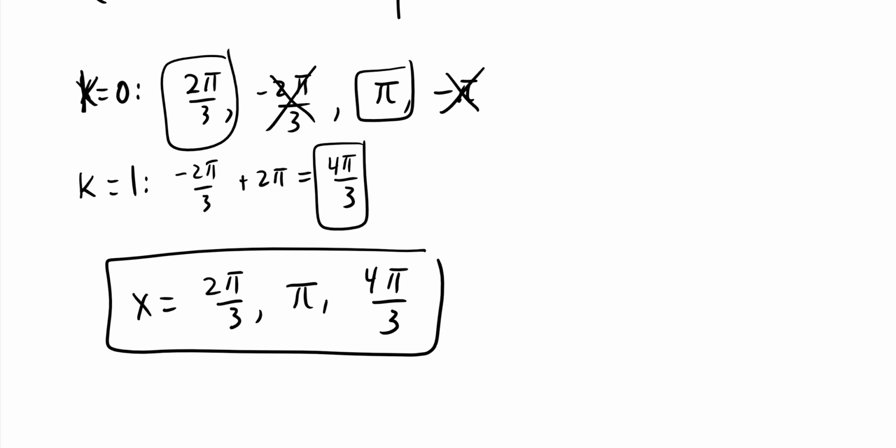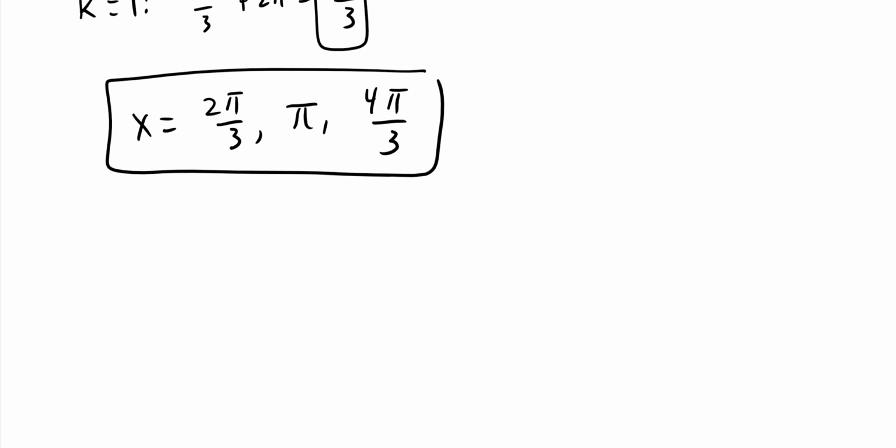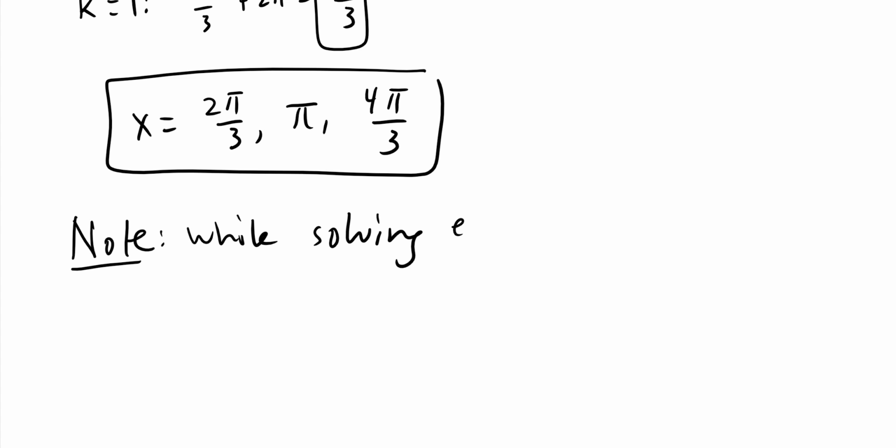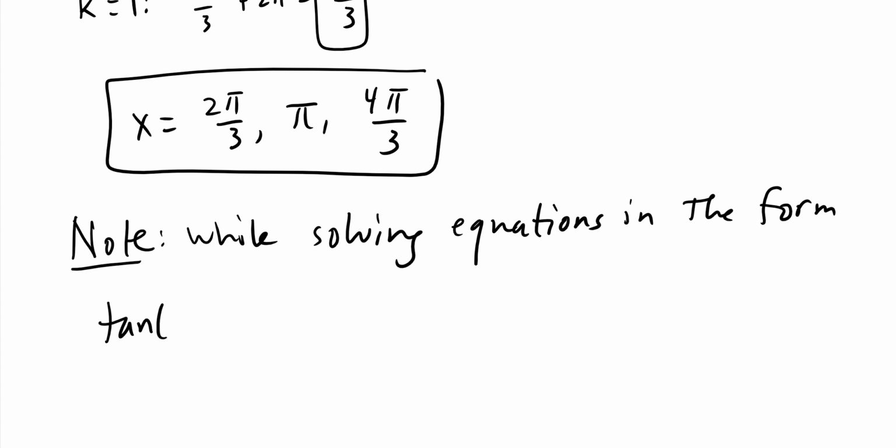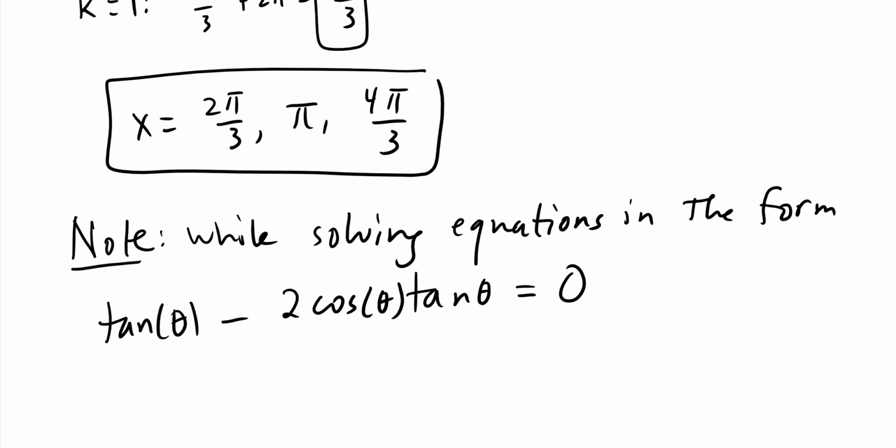One last hint. Let's call it a note here. While solving, this is a common mistake. Trig equations in this form, let's say tangent theta minus 2 cosine theta tan theta equals 0.